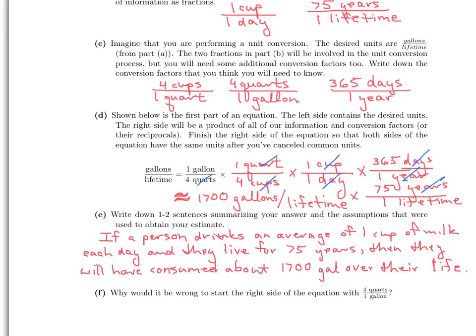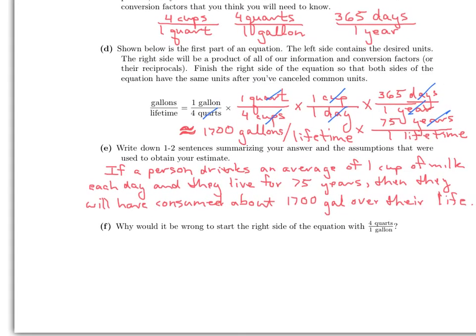Okay, let's take a look at the last part here. So why would it have been wrong to start the right side of the equation above with 4 quarts per gallon? So this is just a recap to make sure you understand how the right side got started. This fraction was provided for you, and the question in part F is really getting at the following.